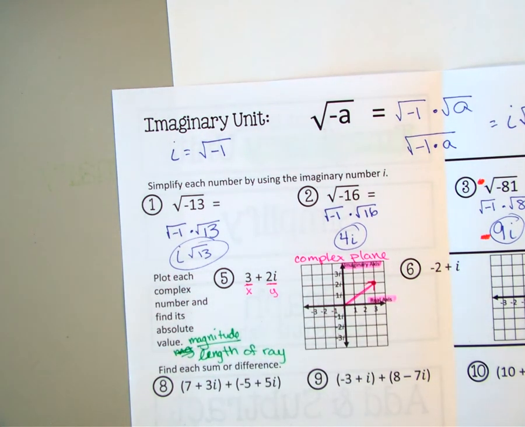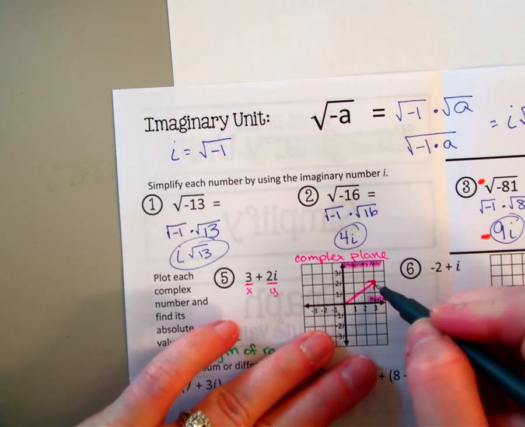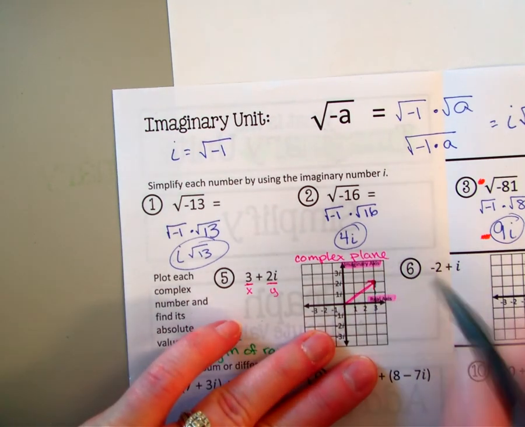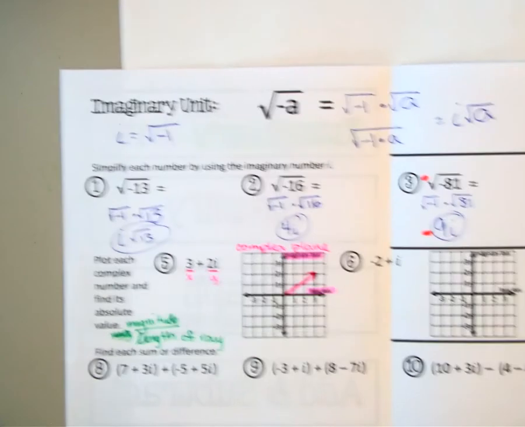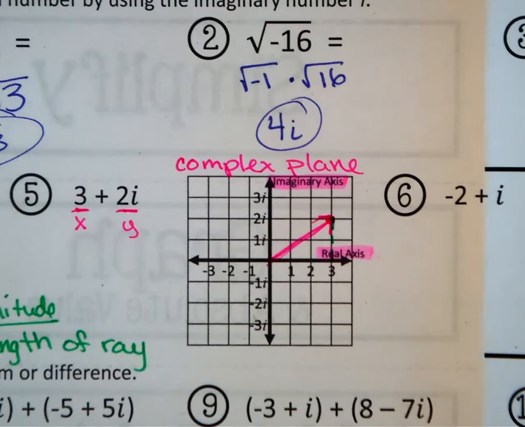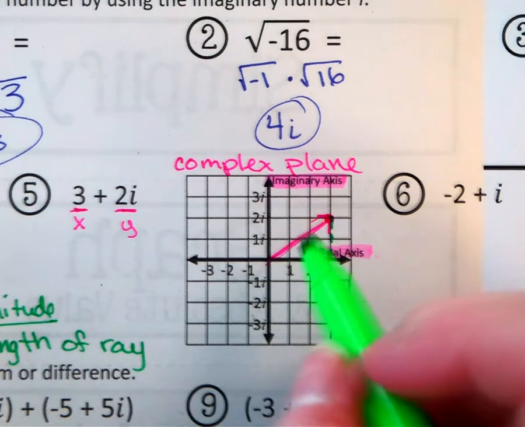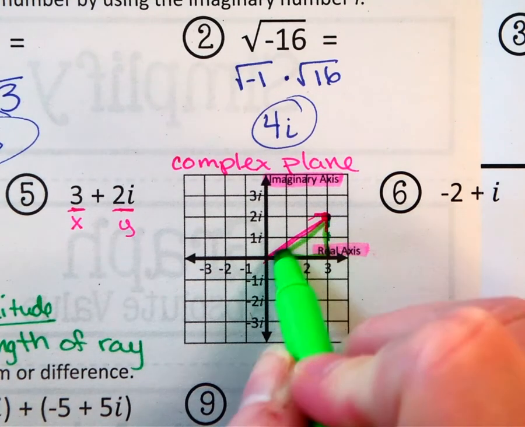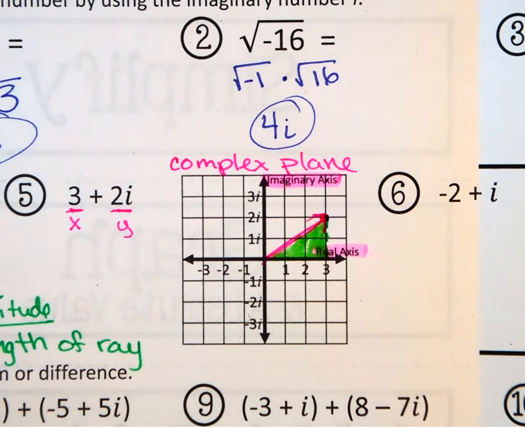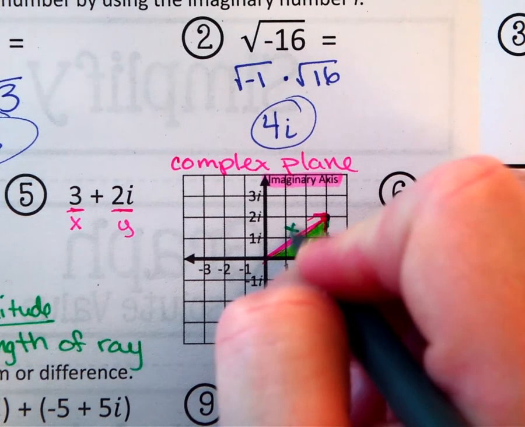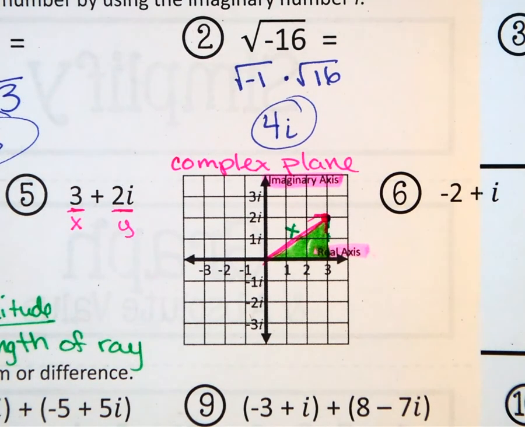So when we are trying to find the magnitude, if I were to connect my point down to the x-axis, zoom in a little bit better so you can actually see my lines. There we go. So if I were to connect this down to the x-axis, I end up having a right triangle. So in order to calculate the magnitude, what we end up doing is we use the Pythagorean theorem because the length of our ray is the hypotenuse because it ends up making that right triangle with that x-axis.